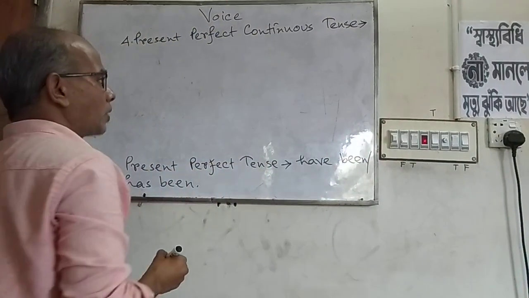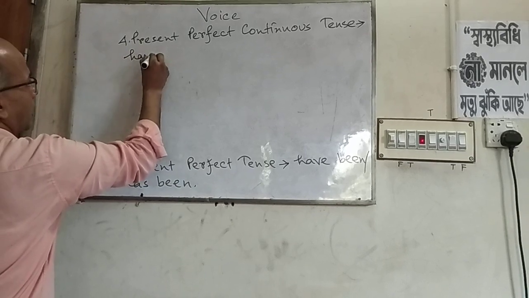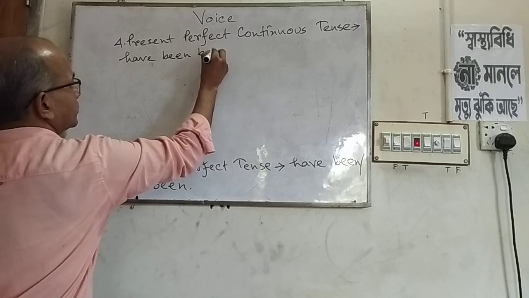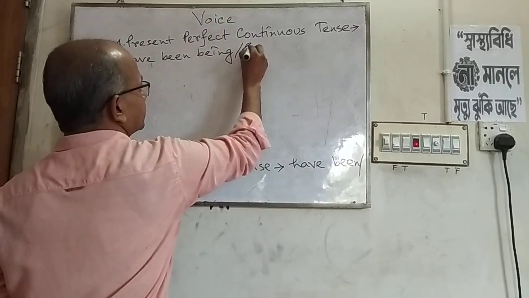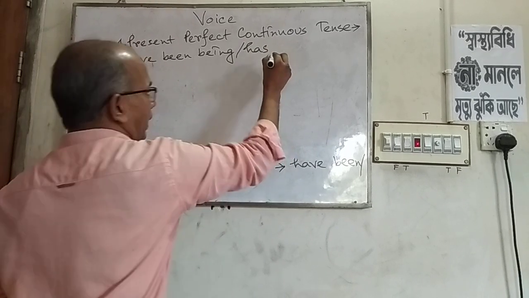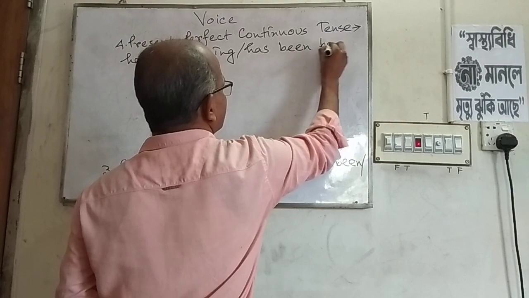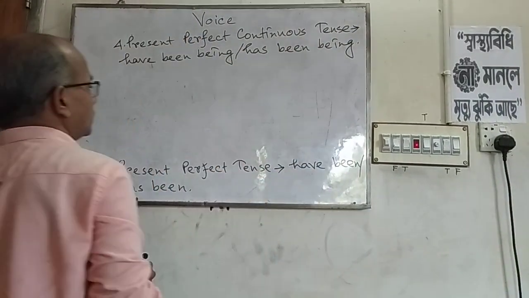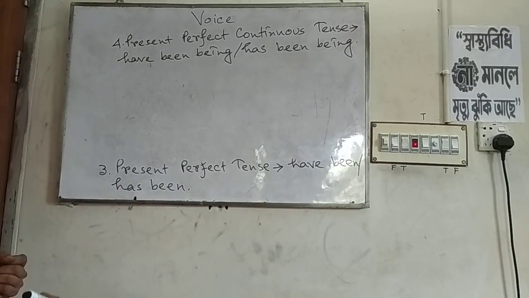Here auxiliary verbs are have been being, has been being. So present tense has been ended.